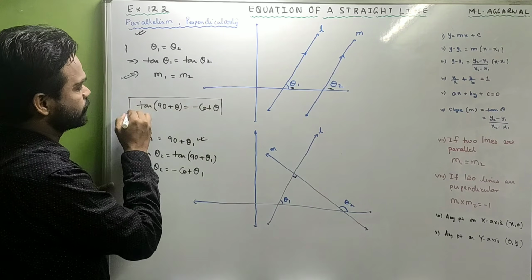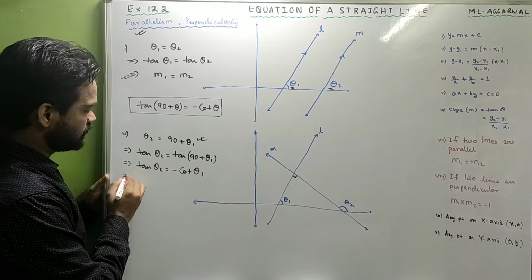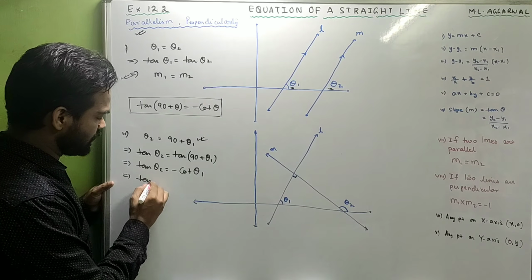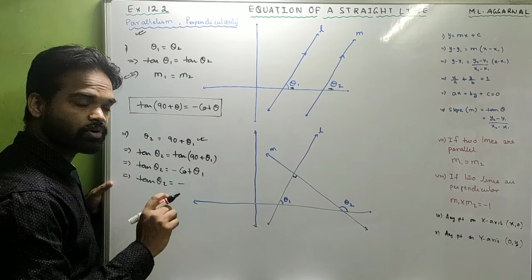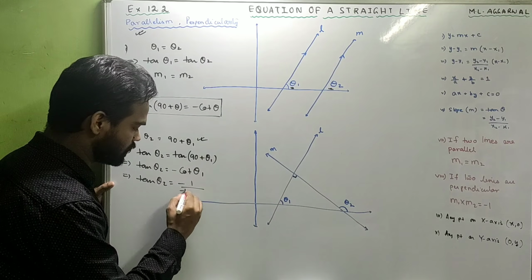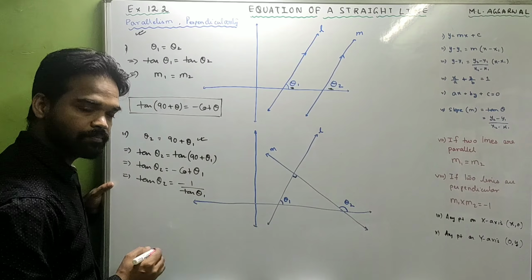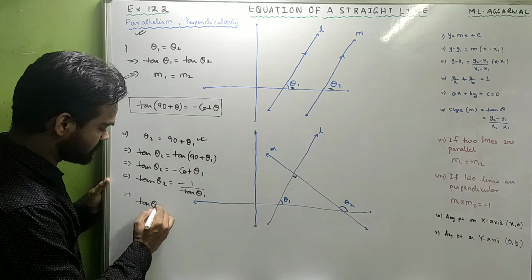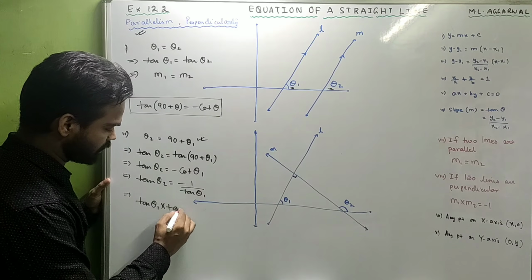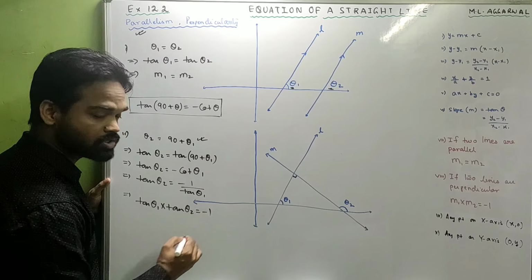Remember this, okay? Now, can I write tan theta 2 equals minus cot theta 1, and cot is the reciprocal of tan, so can I write minus 1 by tan theta 1, which means this comes over here. So tan theta 1 multiplied by tan theta 2 is equal to minus 1.